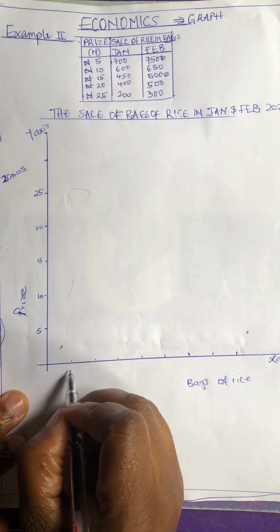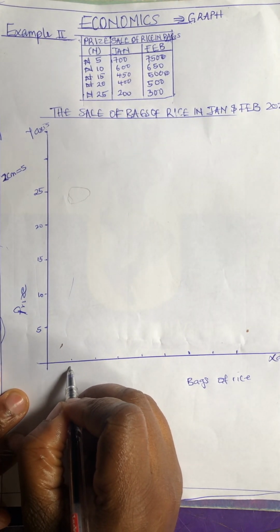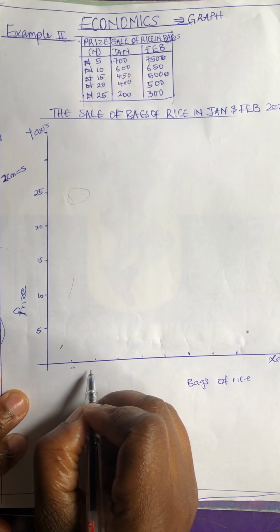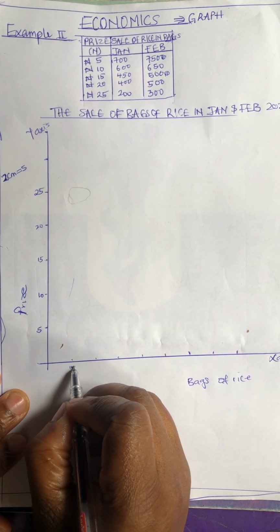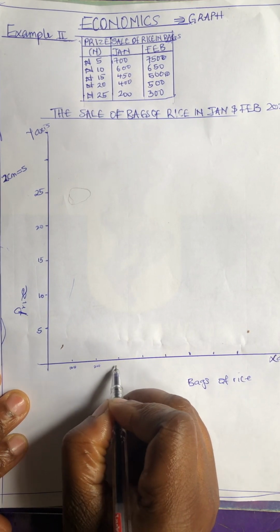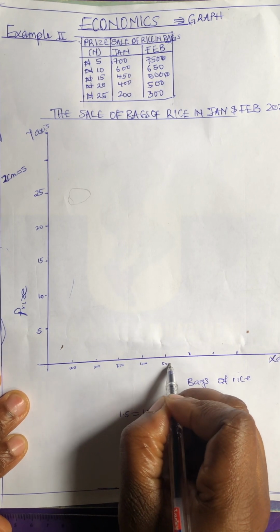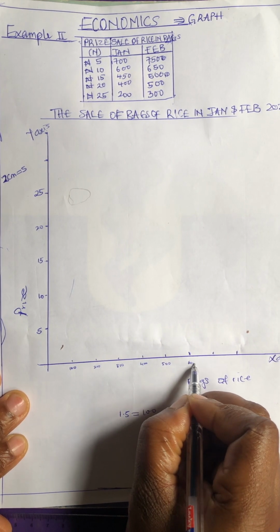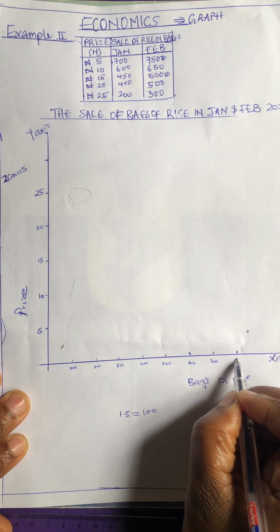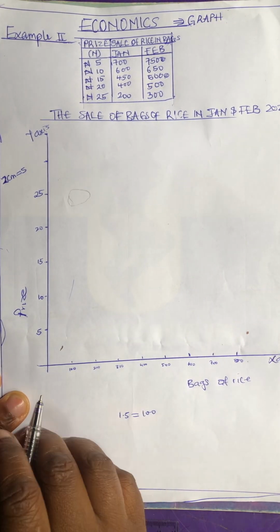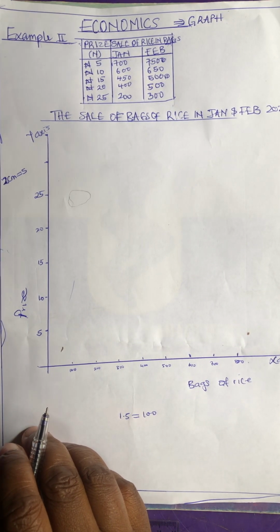Here we have 100, 200, 300, 400, 500, 600, 700, and 800. That's just about right. That's just what we need.